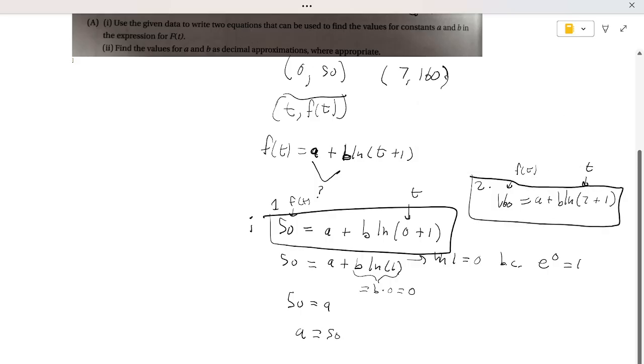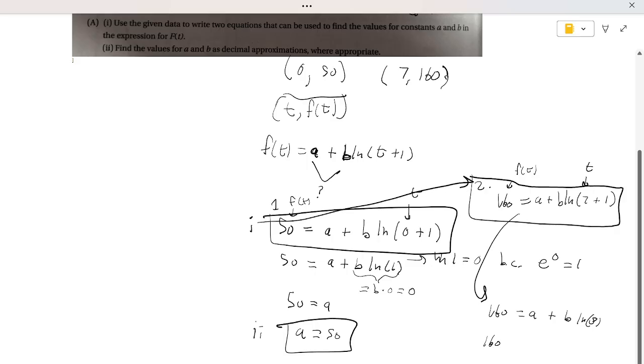When you simplify the first equation further, you have 50 is equal to a plus b natural log of 1, which is just a, because the b term goes to 0. Over here, if we simplify, 160 equals a plus b natural log of 8. We have a is equal to 50, and we want to solve for b. So let's get this only in terms of b by substituting in our value for a.